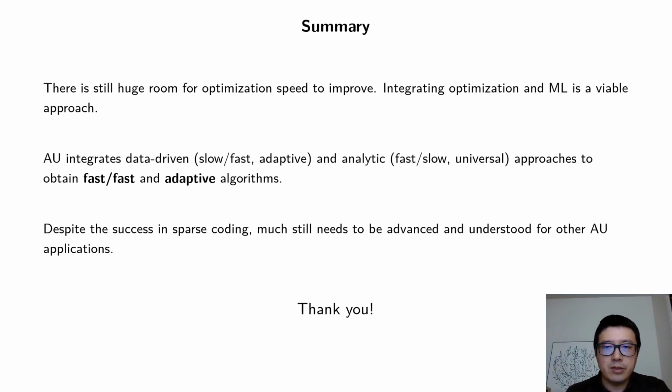This integrates data-driven methods, which tend to be slow at training, fast at inference, and adaptive to the data at hand, with the analytic method, which is very fast, well, of course, no training, but may take many iterations when you solve a problem, and works quite universally to at least the set of problems that the theory has indicated. Combine them, you can get faster training, faster inference, and methods that have better performance for the data at your hand.